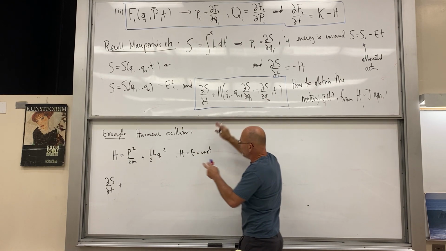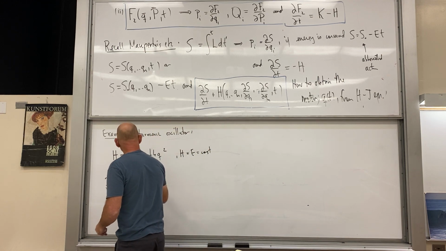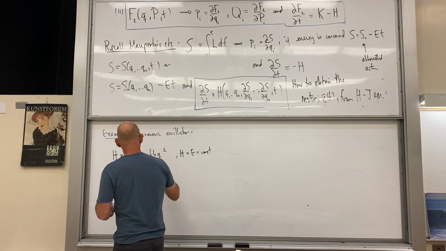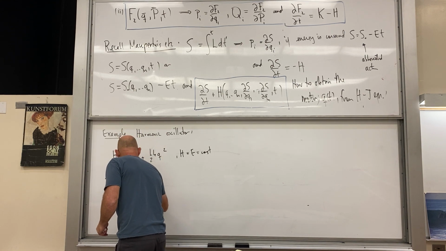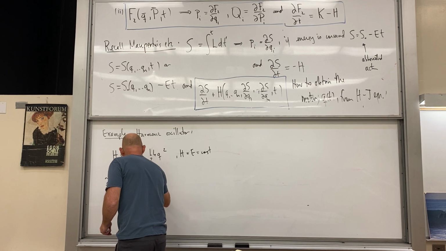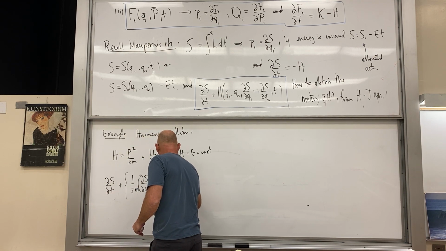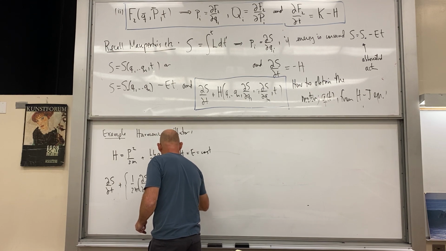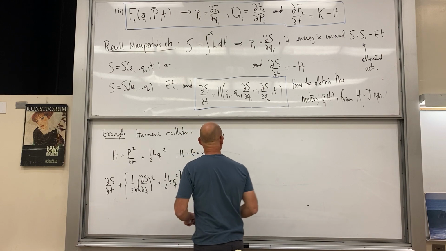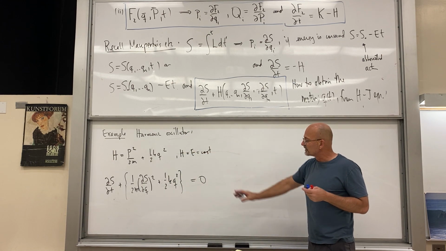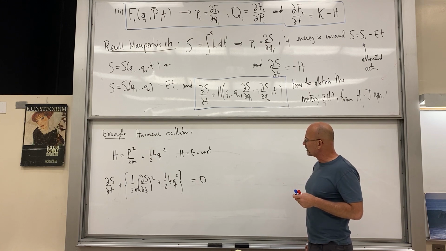So plus H, we'll put parentheses around it, plus 1 over 2m (∂S/∂q) squared plus 1/2 k q squared, equals 0. So that's what we're going to have to solve. That would be an example of the Hamilton-Jacobi equation.